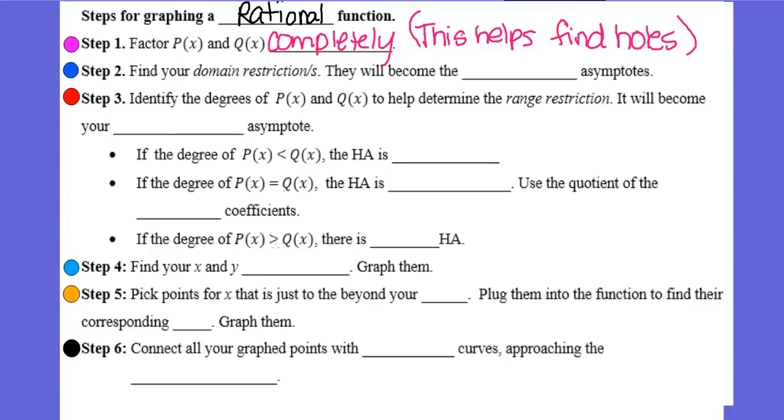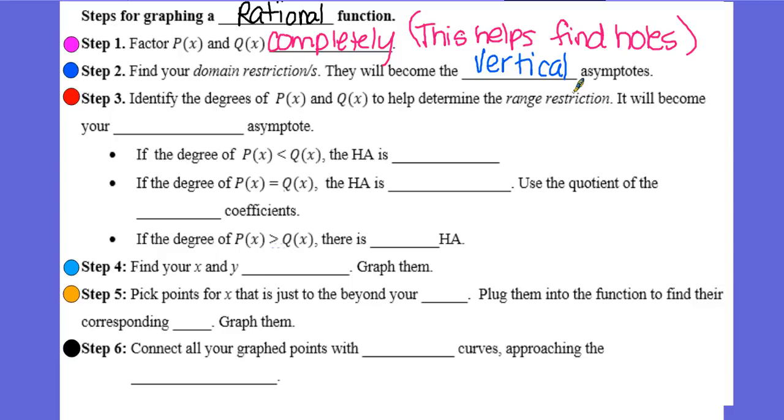Step 2 is to find your domain restriction or restrictions. And this will become your vertical asymptote, or they will become your vertical asymptotes, plural. It's possible to have 2 or 3 or 4. Usually we won't do more than 2.